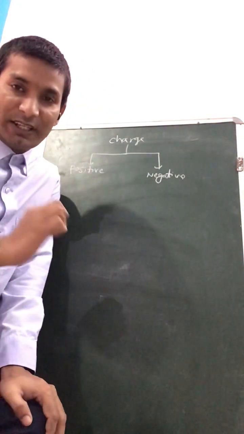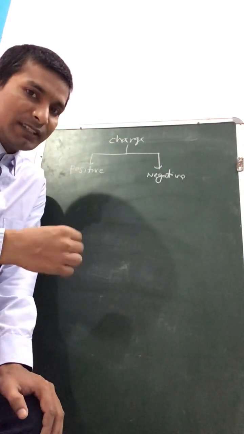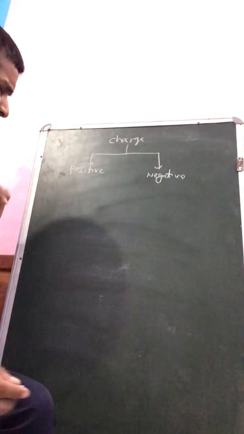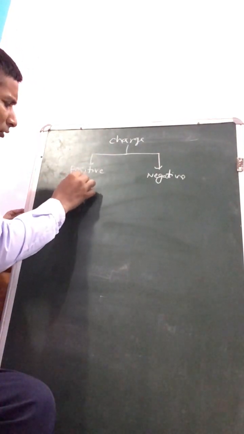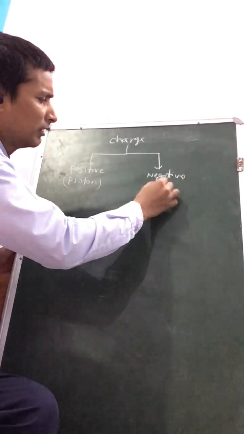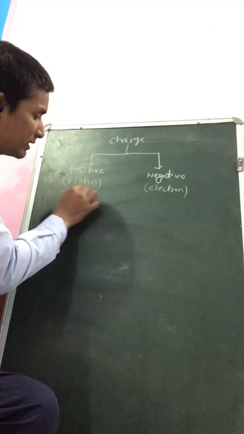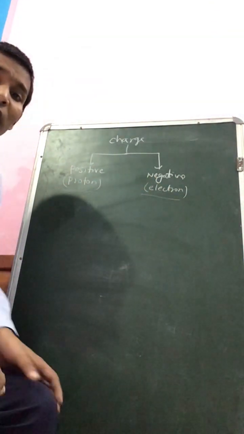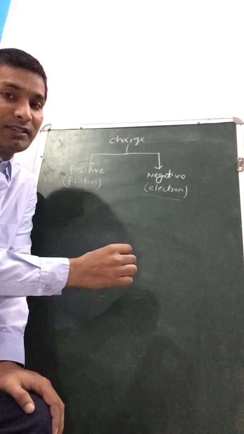Generally, for positive charge we take a proton and for negative we take an electron, because they are the basic charge carriers in any atom. This is the smallest charge.